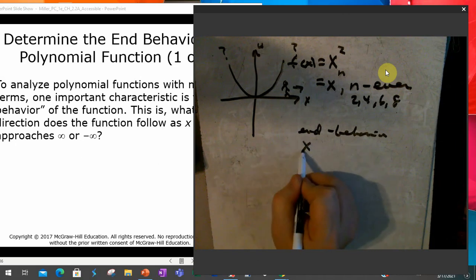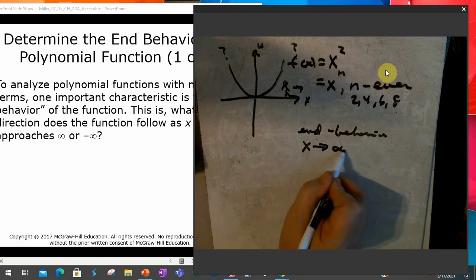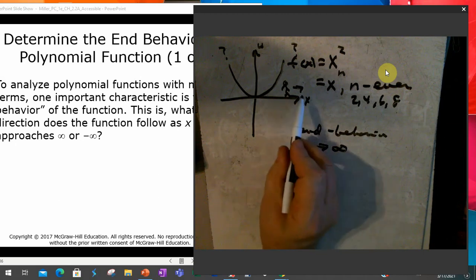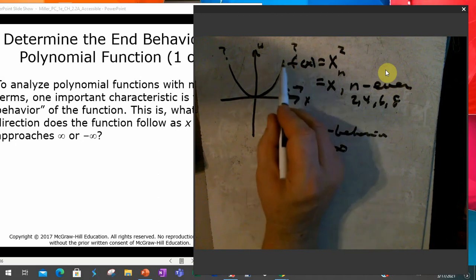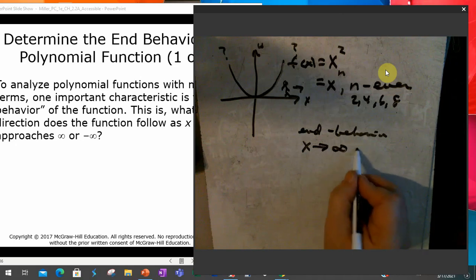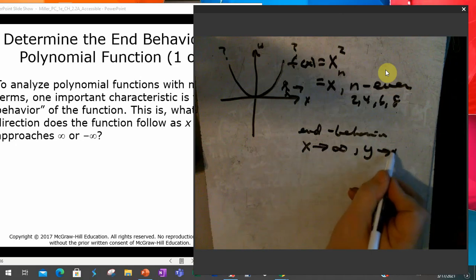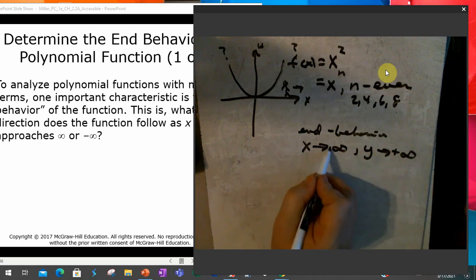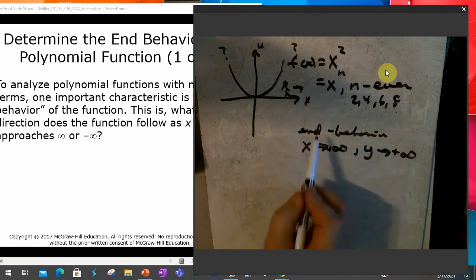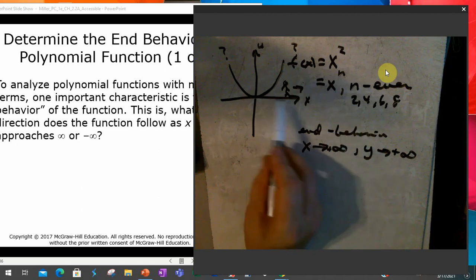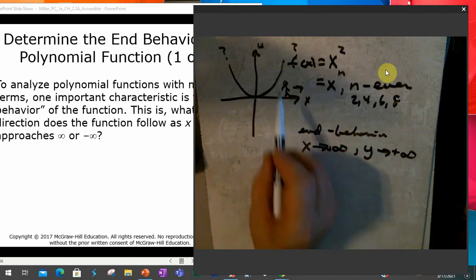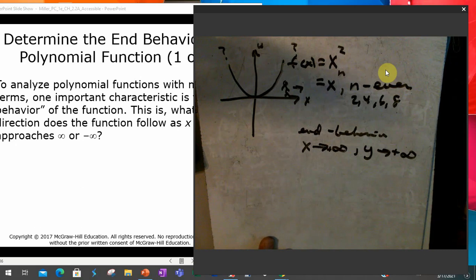As x goes to plus infinity, he's going to look up or down and ask what my y values are doing. And y is just going to plus infinity. So for x to the n, as x gets larger, y just gets larger.